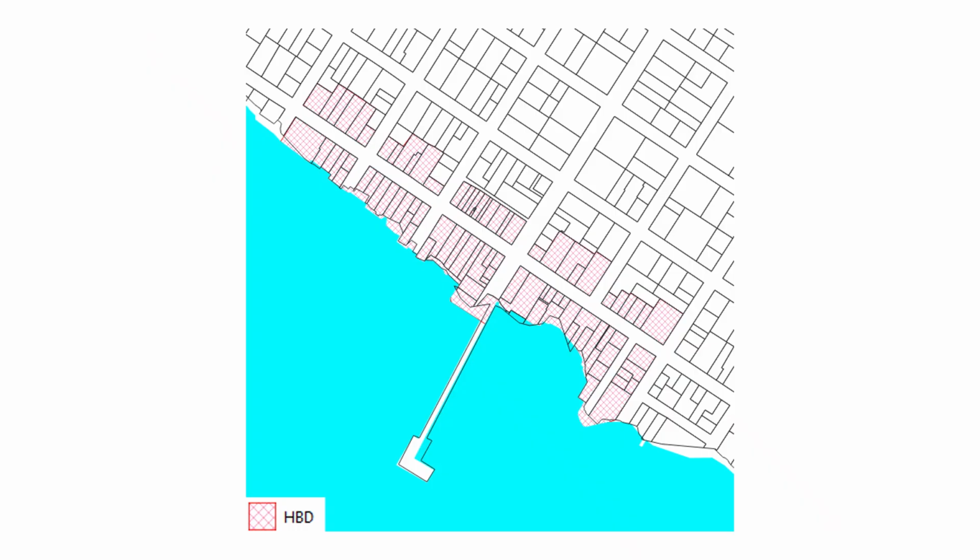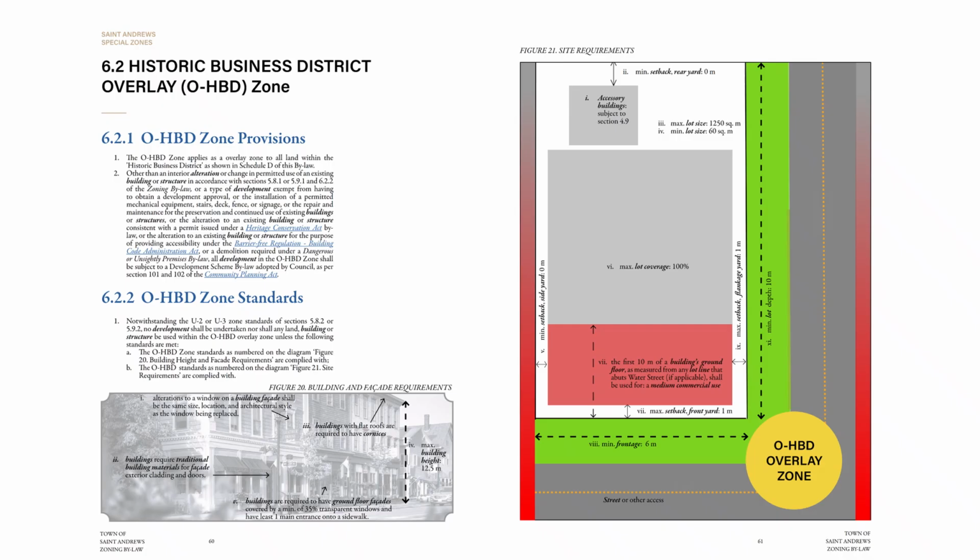The historic business district overlay zone, I mentioned previously, kind of overlays on some of those U3 properties where the historic business district is, and does a few different things. So this is an area where council has stated they want a lot of control.